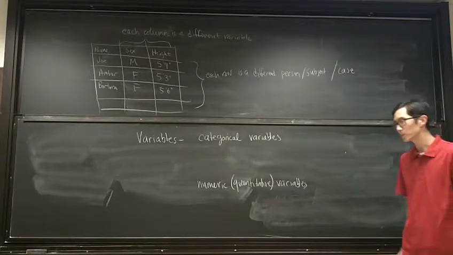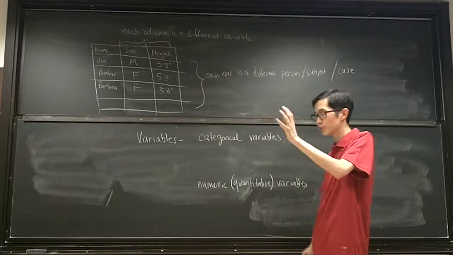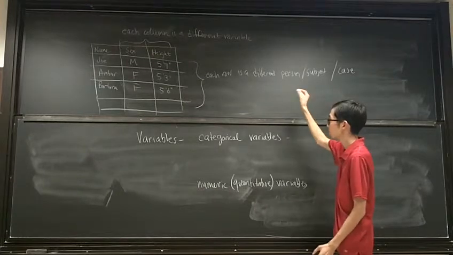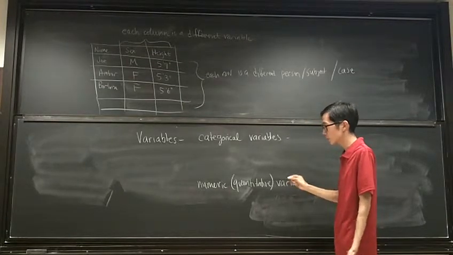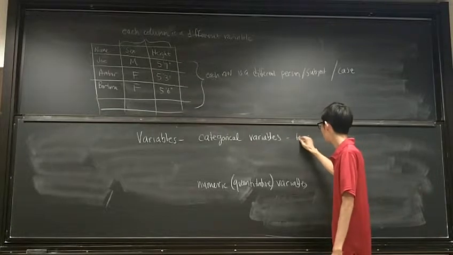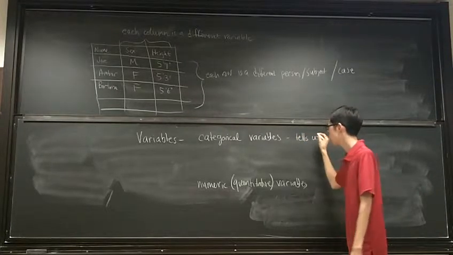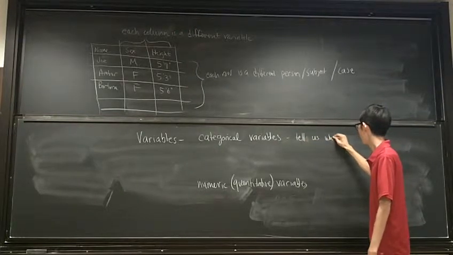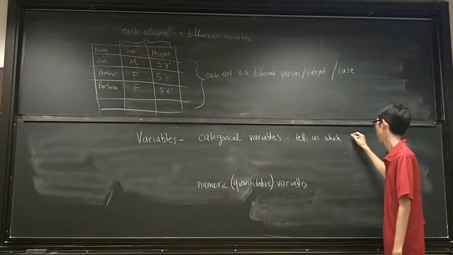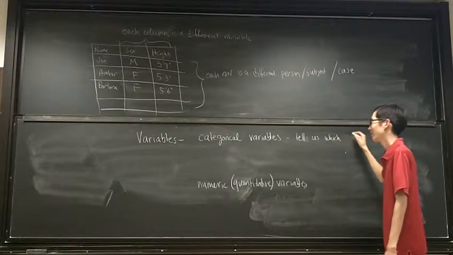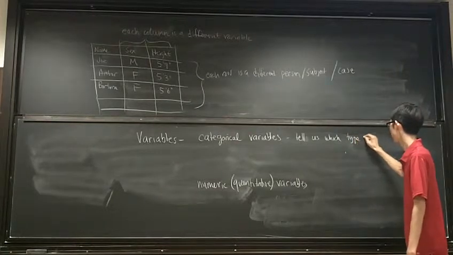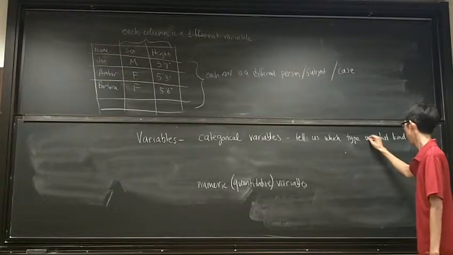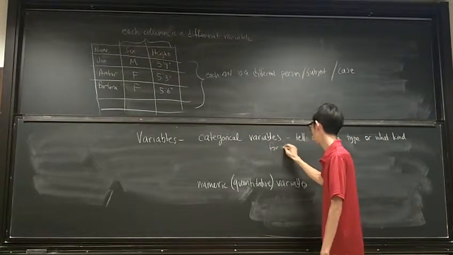So categorical variables say our variables belong to a certain category, okay? So each data point belongs to a different category. It tells us which type or what kind for each case.